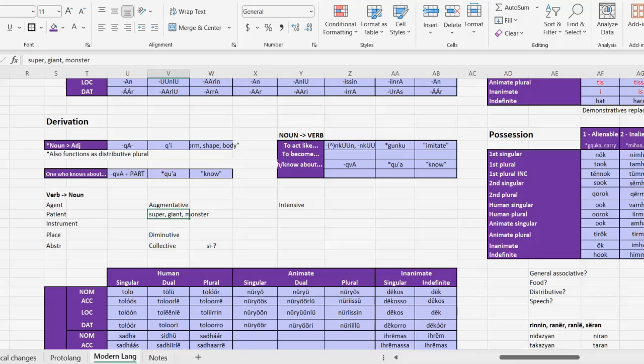So we could do a similar kind of thing here and have a word that means monster become a prefix, to get like a monster fish. Alternatively, we could have the opposite thing happen, and say that the word for monster or giant or what have you is actually the head of the phrase, that the augmented noun is interpreted as modifying. So it would actually be like fish monster, and that would have the effect of giving us a suffix.